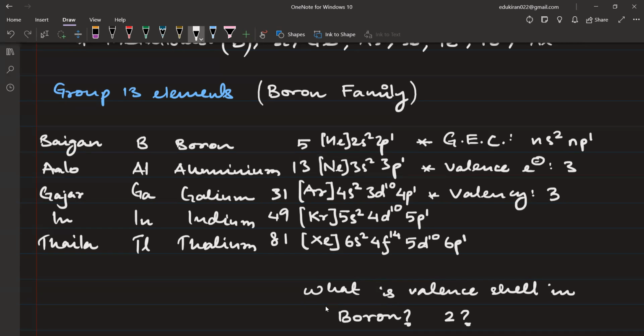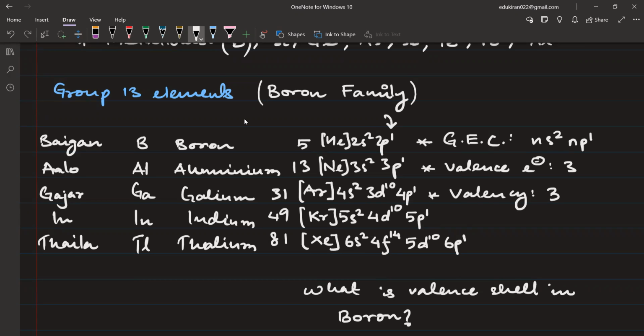2, right? Okay. How many electrons are there in the second shell? Look again and tell me the total number of electrons in the second shell. Sir, 1. Okay, so you are saying this electron is in the second shell, right?